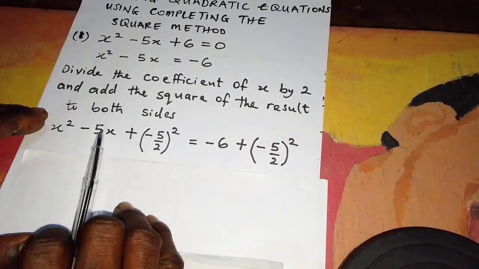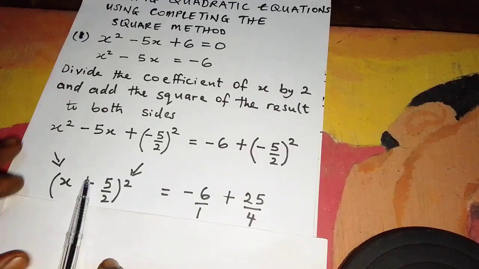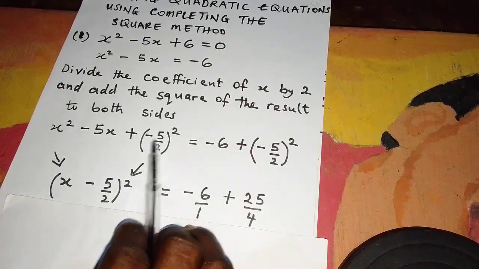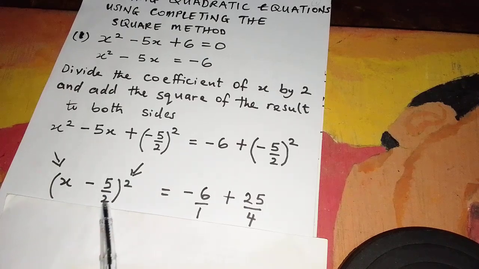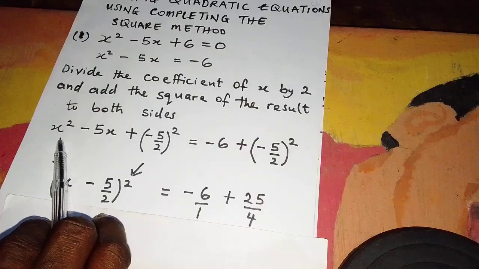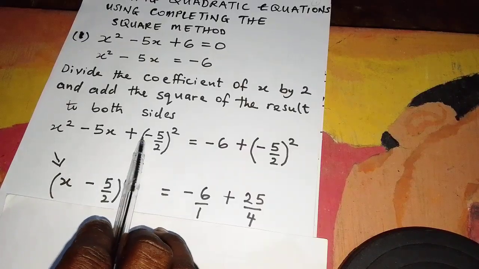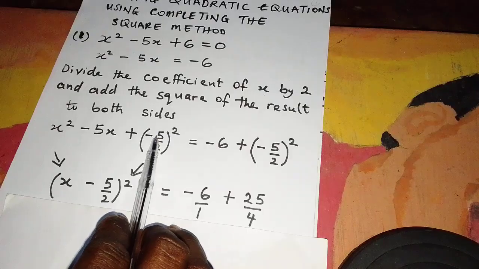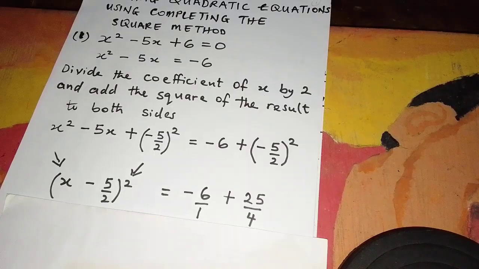This is what it means. If you pick x here and this minus 5 over 2 here, and find the square of the two, you will get x squared minus 5x plus minus 5 over 2 squared back. Let's just try it and see.